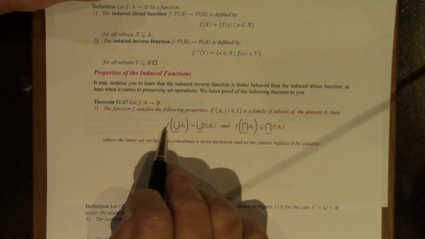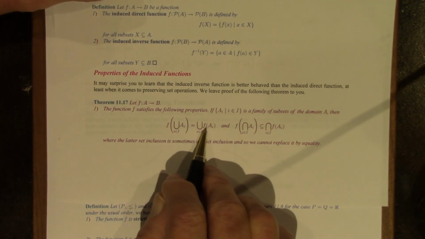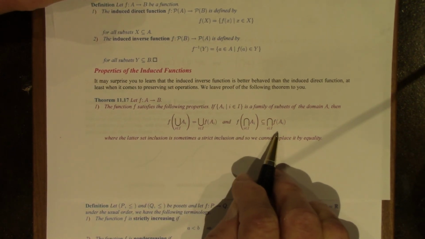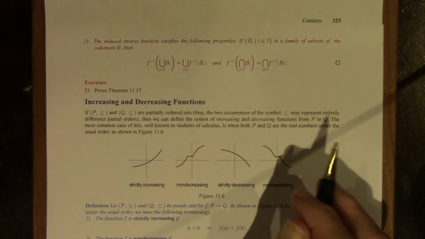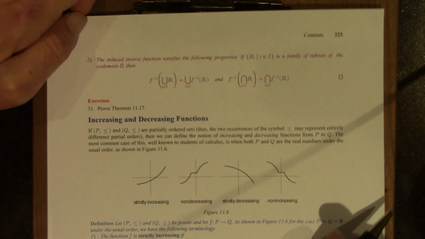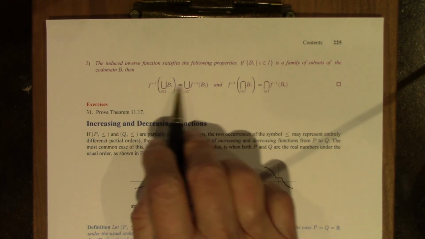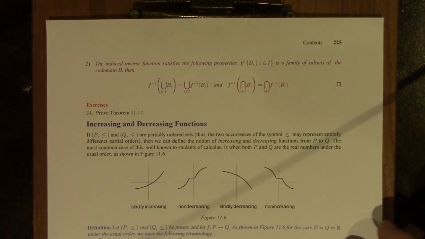So the induced direct function behaves nicely with respect to unions, but not so nicely with respect to intersections. Okay? This can be a strict inclusion. But the induced inverse function behaves nicely with respect to both unions and intersections.